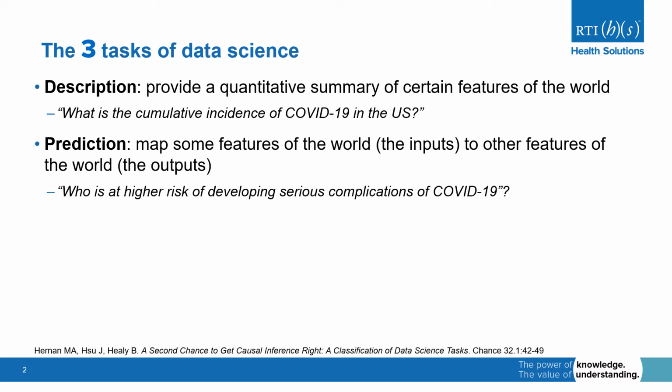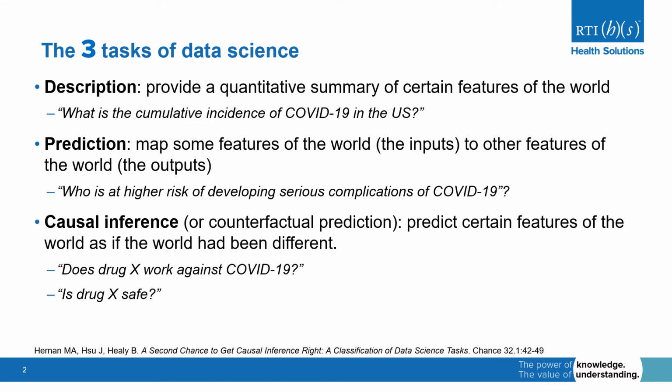And the third task is causal inference, which is using data to predict certain features of the world as if the world had been different. This sounds complicated, but this is what we do when we run randomized clinical trials. Examples of questions that we can address using causal inference are, does drug X work against COVID-19, or is drug X safe?